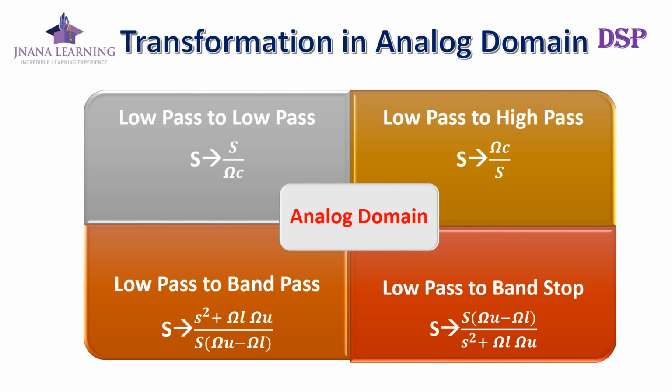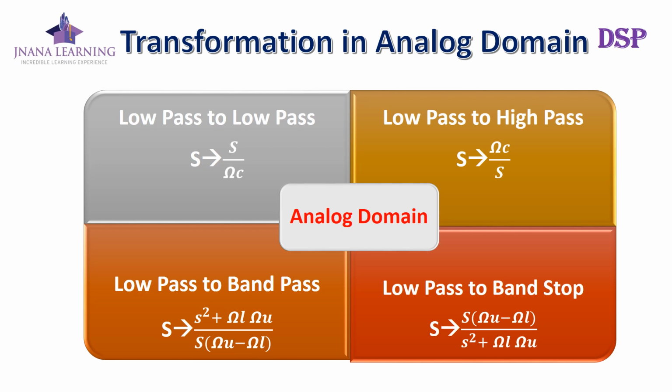Omega c is the cutoff frequency. For transforming the normalized low pass filter to another low pass filter with cutoff frequency omega c, the transformation is S is transformed to S by omega c.